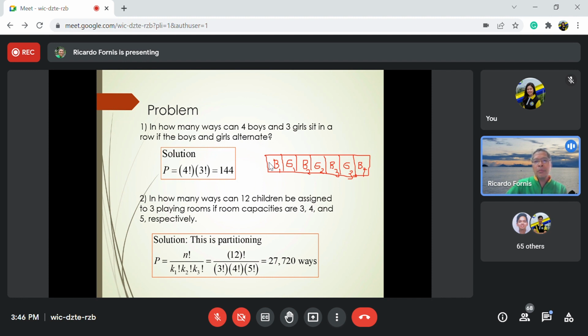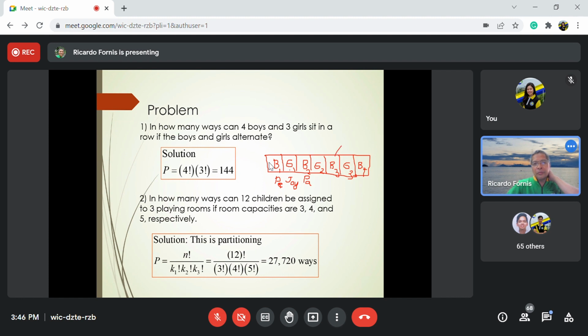Now if boy number 1 and boy number 2 exchange places, that's another arrangement. It matters, because if boy number 1, for example, is Pedro, and boy number 2 is Pablo, and Pedro has a crush on girl number 1, let's say Joy, then if you transfer him, he is far from Joy.